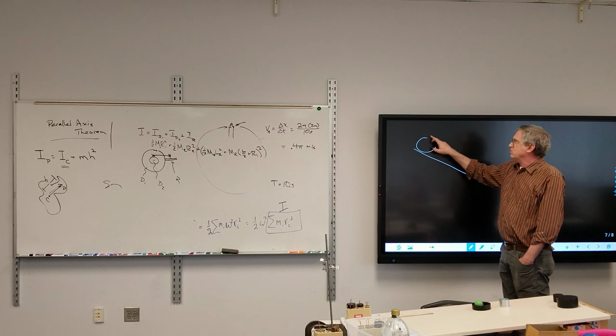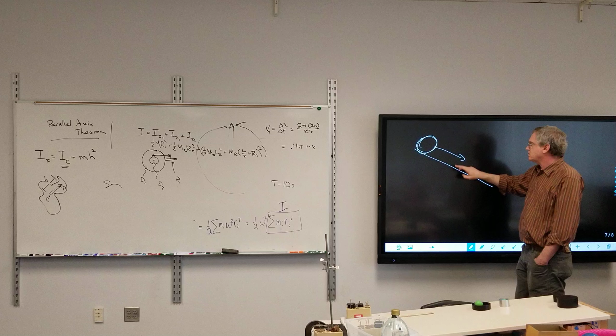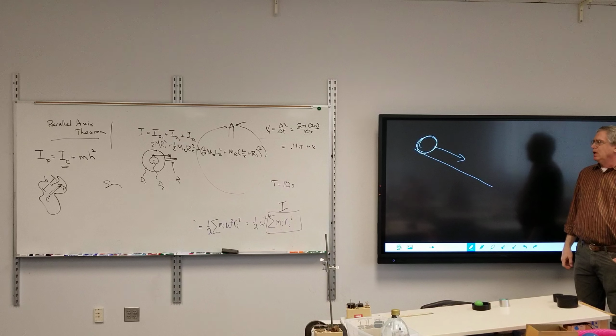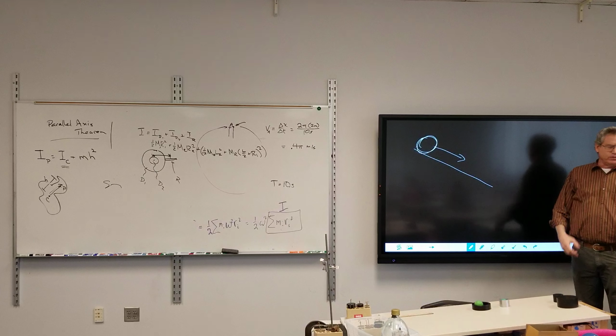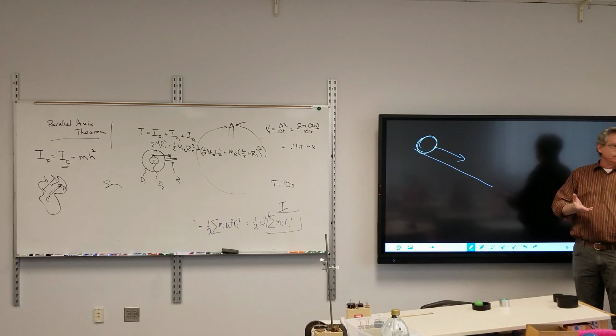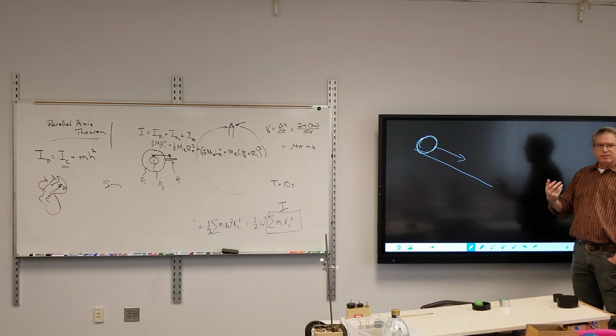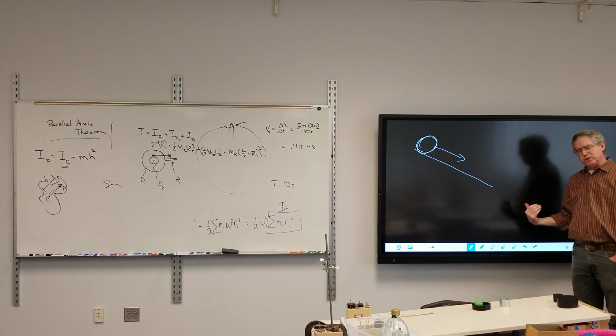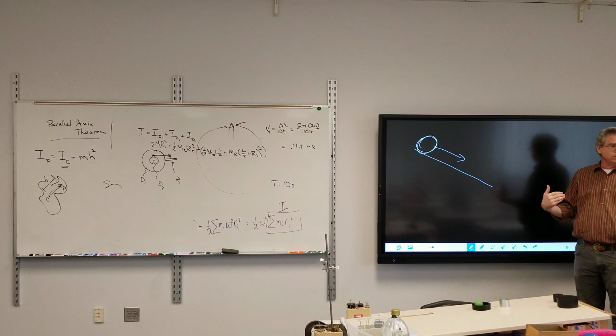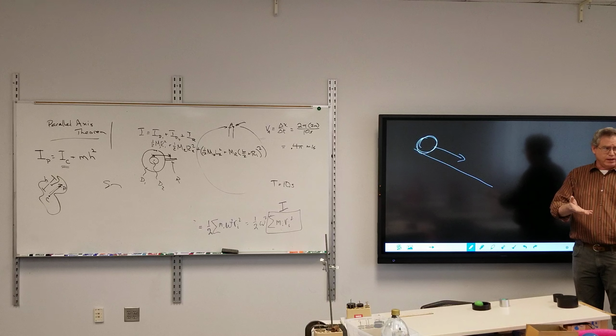If I have an object that is going to roll, it starts out, if I start it from rest, with potential energy, no kinetic. Then as it rolls down, it'll lose gravitational potential energy, and that potential energy gets converted into kinetic.